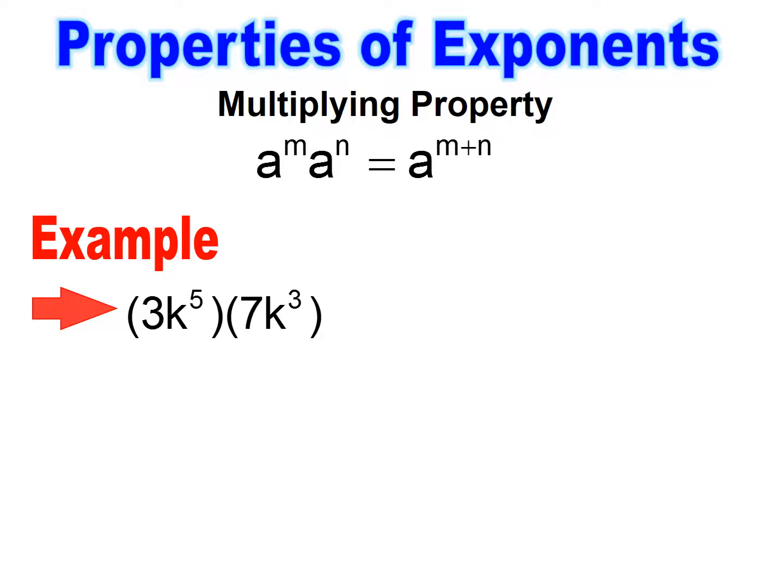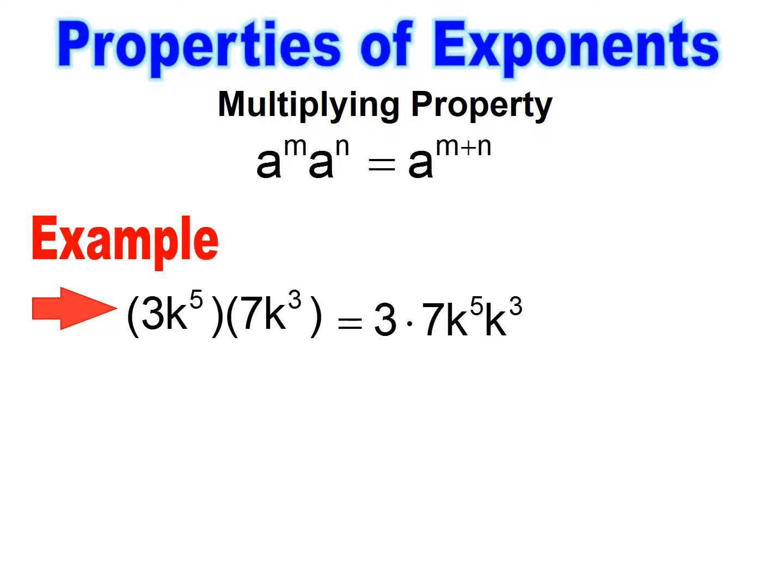So now this is still the multiplication property, but now we have multiple things going on. I want you to be very careful, because when we do the multiplication property of exponents, when there's numbers being multiplied together, you need to multiply the numbers. So the numbers get multiplied together, and the like bases with the powers get added together. So whenever we're doing multiplication, numbers are numbers, numbers get multiplied together.